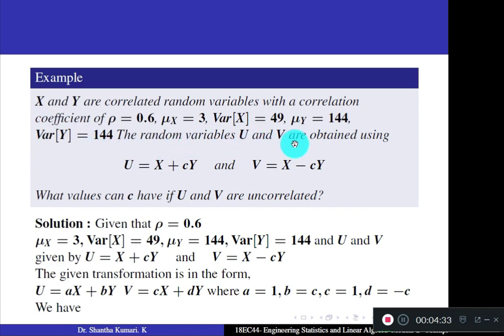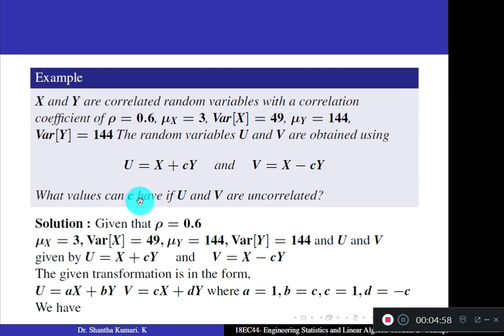The random variables u and v are obtained using a 2 variable transformation. U is given as x plus cy and v is given as x minus cy. What values can c have if u and v are uncorrelated? So c is an unknown term in this transformation, and you have to find the value of c.